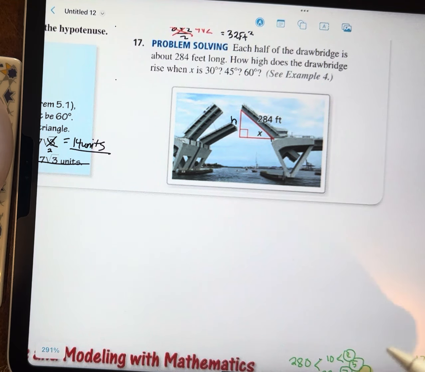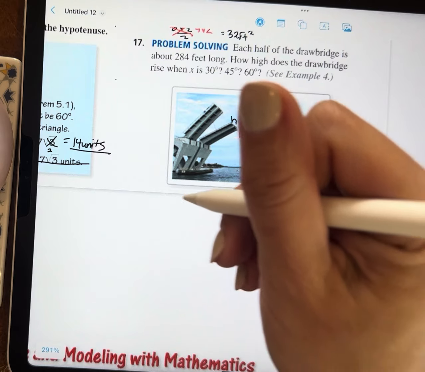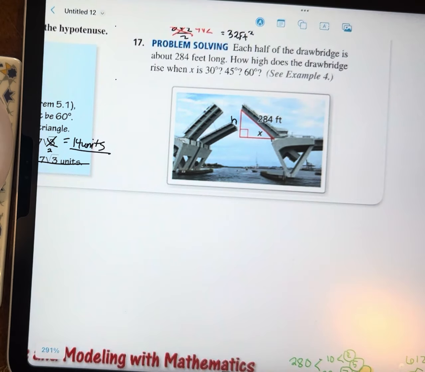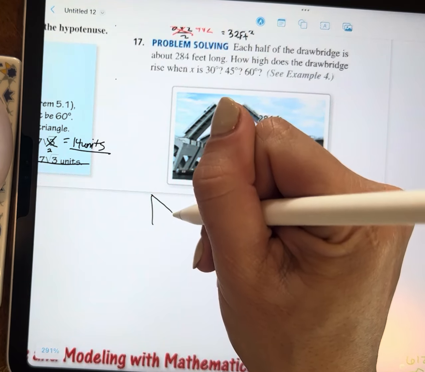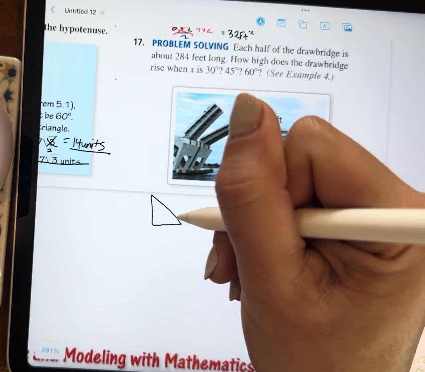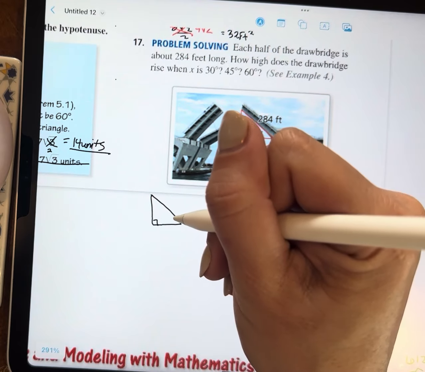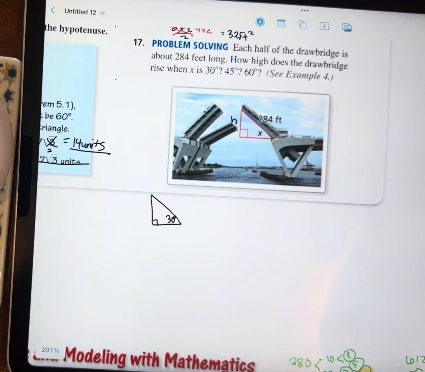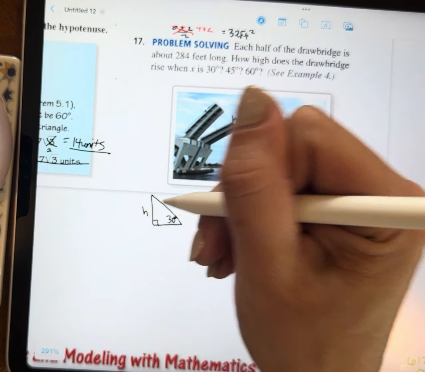So we've got 3 scenarios, all right? We've got a scenario where x is 30, and we want to know what h is.